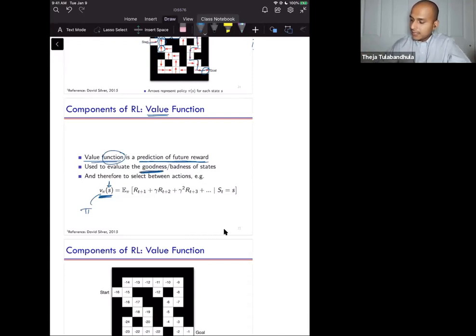If you tell me the policy, it's just the expectation given that policy of all the future rewards I can collect from that starting state. Given the policy, an agent can just keep following the policy all the way to hopefully reach the final state or some desired thing. Then starting from that state, because I told you the policy, you can keep following according to the policy.